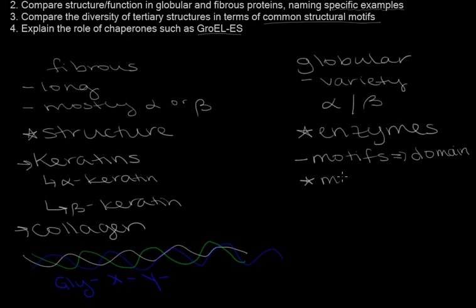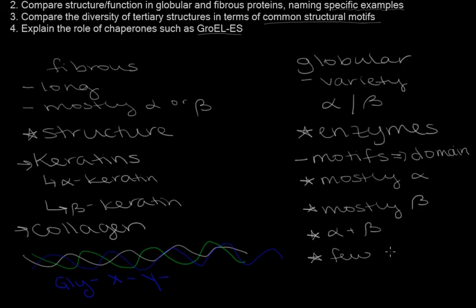We have mostly alpha helices, and then mostly beta strands, and then there's some that are a combination of alpha plus beta in a repeatable motif. And then there are some that are just loops. It has very few secondary structures, so few alpha or beta.